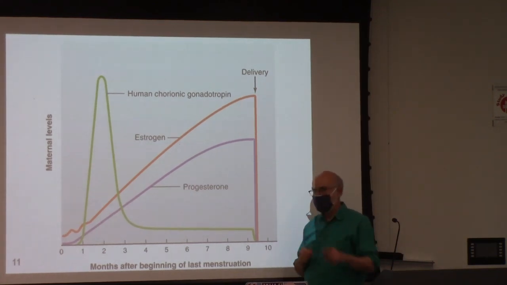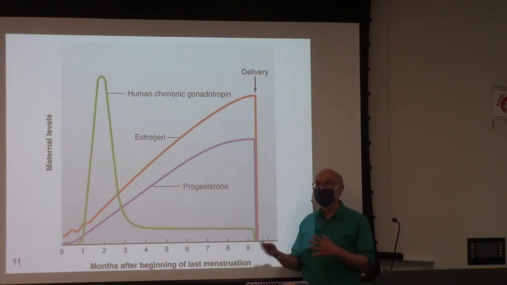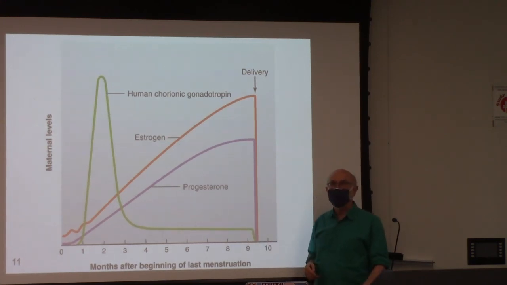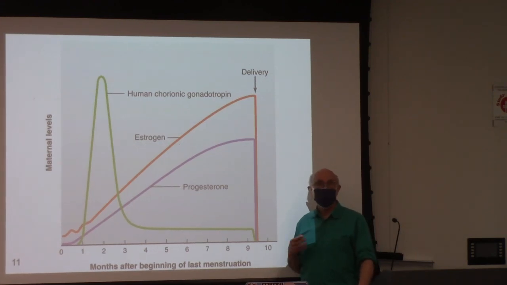And those things you can buy in the pharmacy now, those strips, are very sensitive Western blot-like things. They basically use antibodies to chorionic gonadotropin and a color reaction to tell the person whether they're pregnant. And they don't even have to use blood, you can use urine, because some of that chorionic gonadotropin gets from the blood into urine.